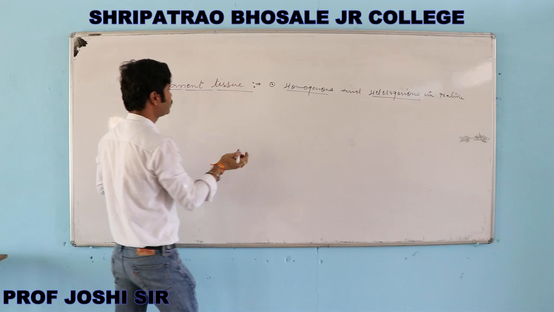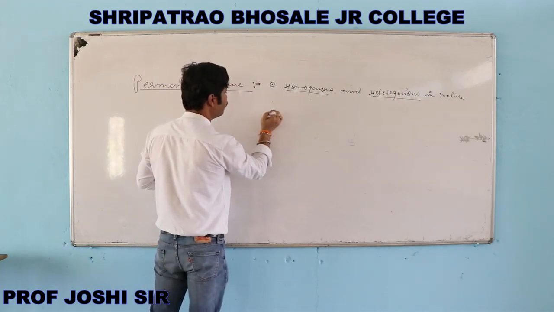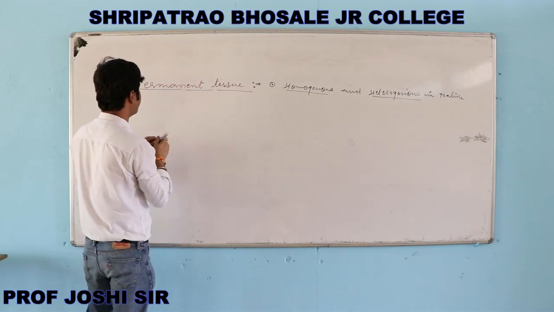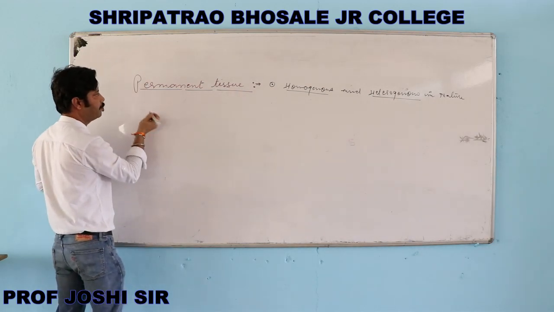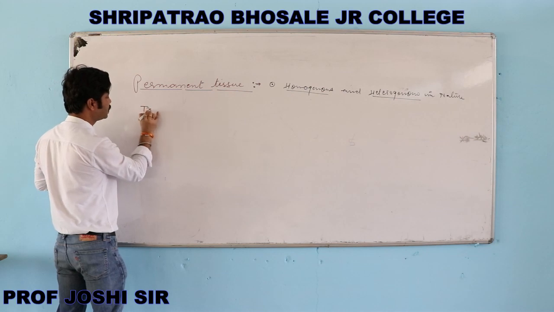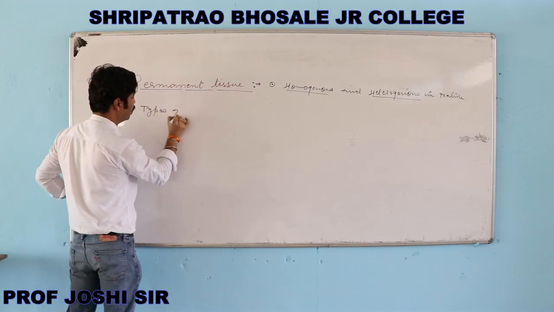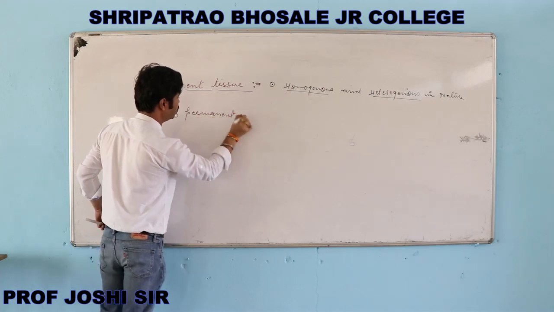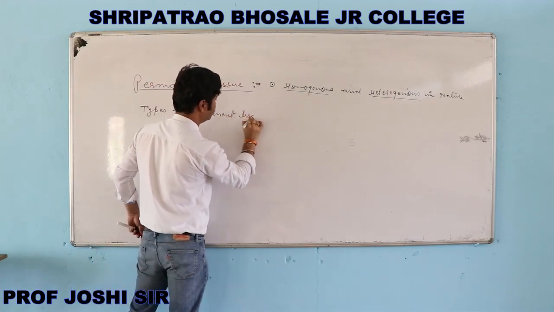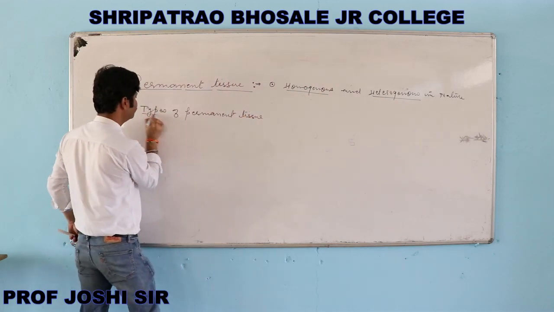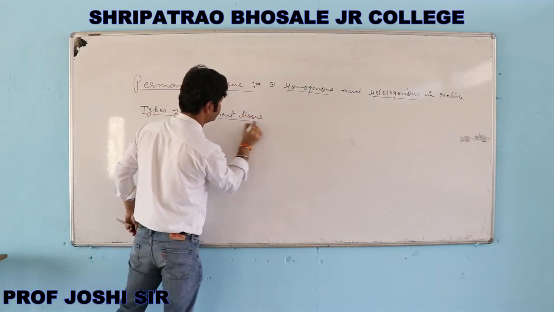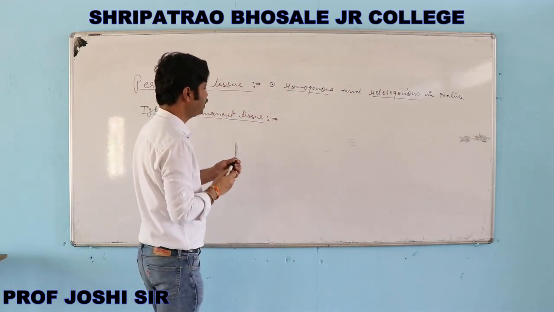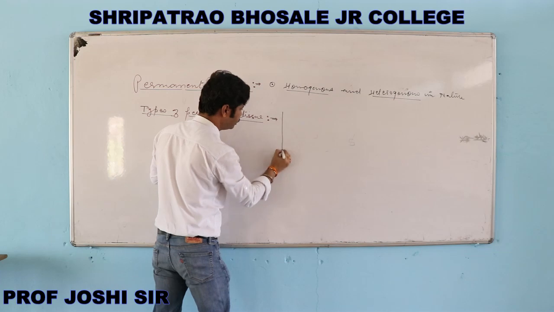Permanent tissues are of the following two types. Now I am discussing the types of permanent tissue. Basically, permanent tissues are of the following two types.